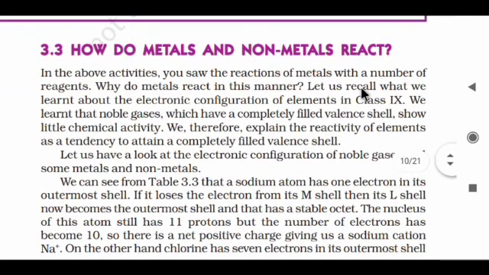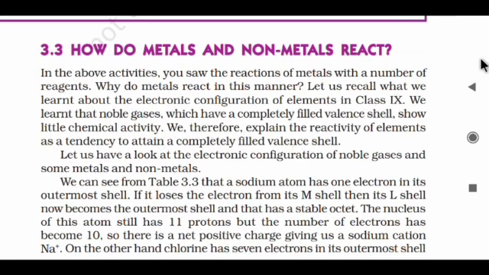How do metals and nonmetals react? In the above activities, you saw the reaction of metals with a number of reagents. Why do metals react in this manner? Let's recall what we learned about the electronic configuration of elements in class 9. We learned that noble gases, which have a completely filled valence shell, show little chemical reactivity.